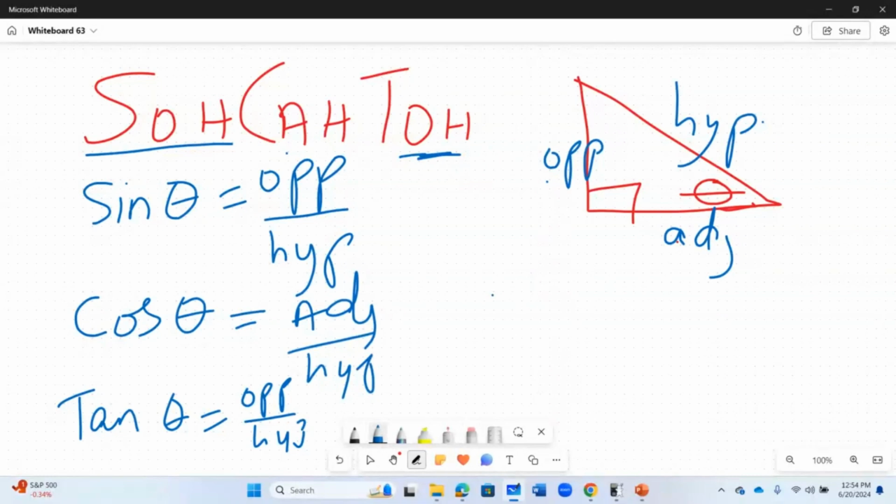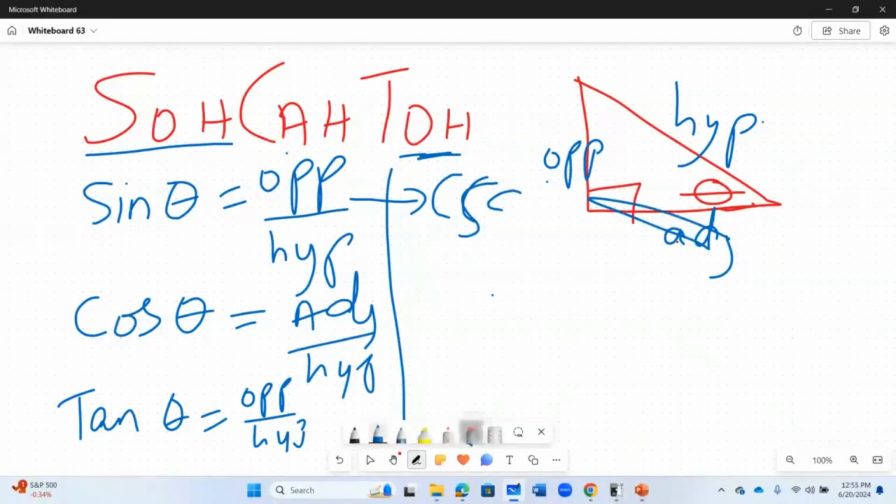So sine has a brother called cosecant. I'm just going to write CSC, cosecant. And I will clean my big triangle here so that I can make it smaller.